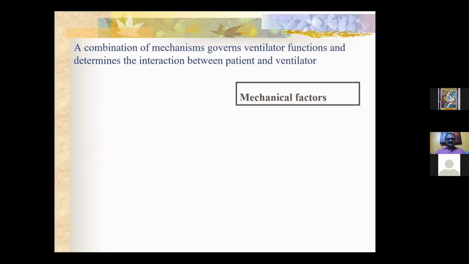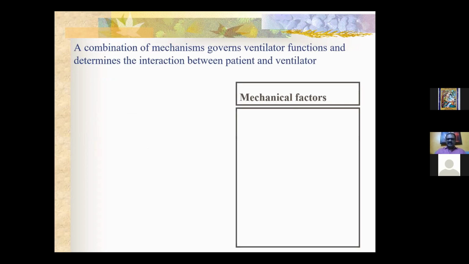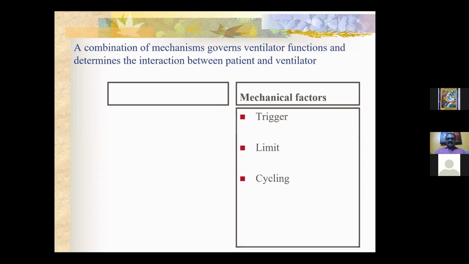So basically, the combination of factors govern the ventilator function and interaction, like mechanical factors of trigger, limit, and cycling. Trigger is basically what is going to trigger the ventilator for an inspiration.